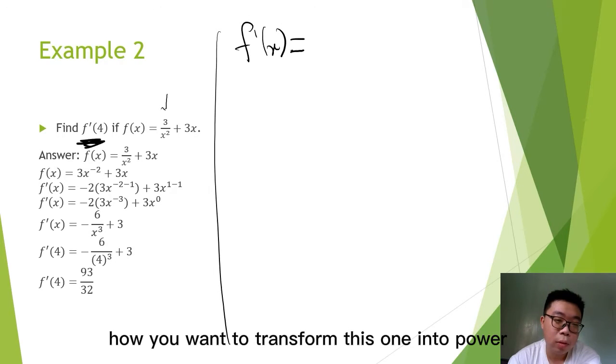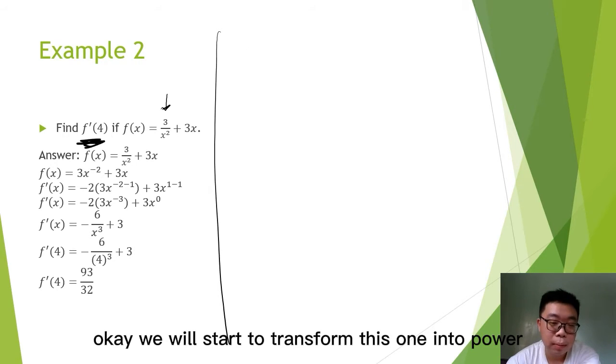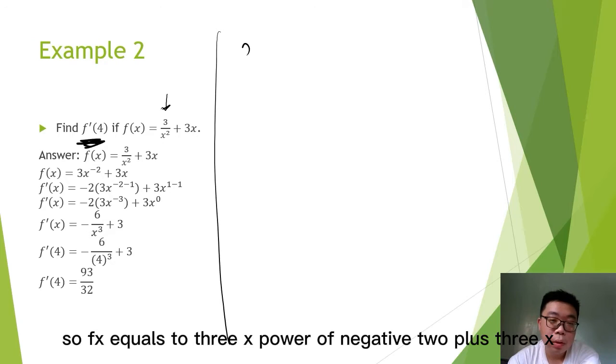The first step, you will start to transform this one into power. So f(x) equals 3x to the power of negative 2 plus 3x.